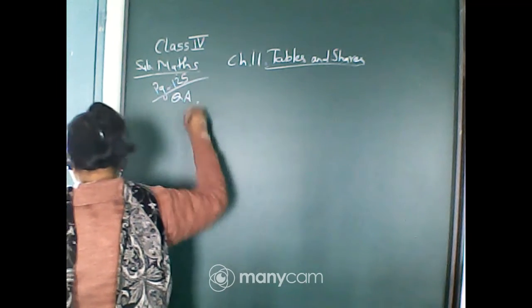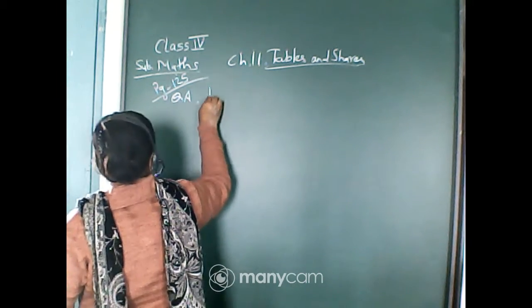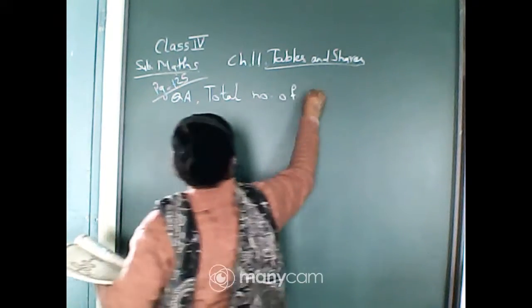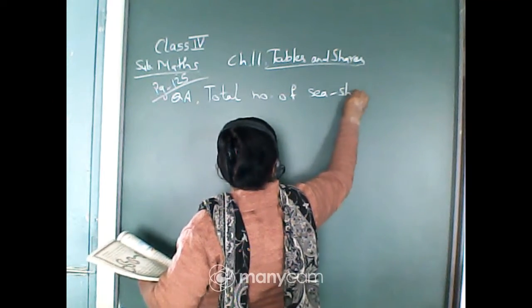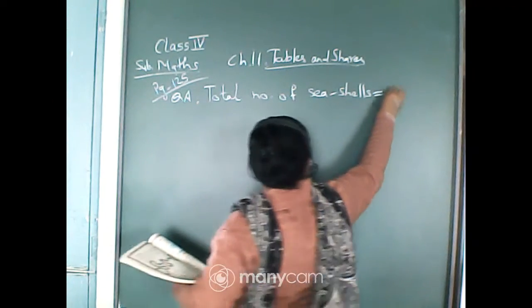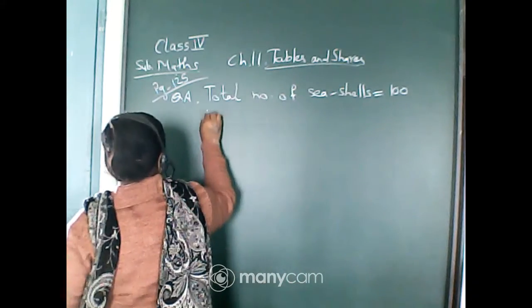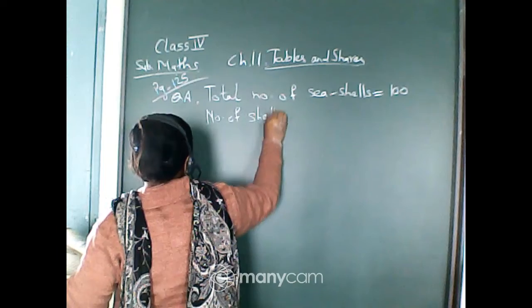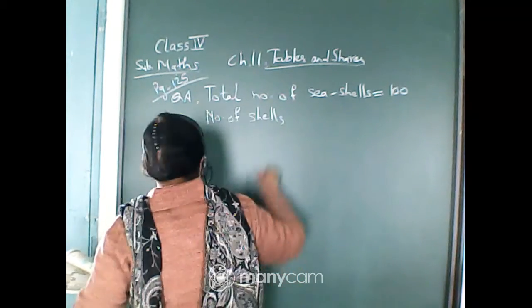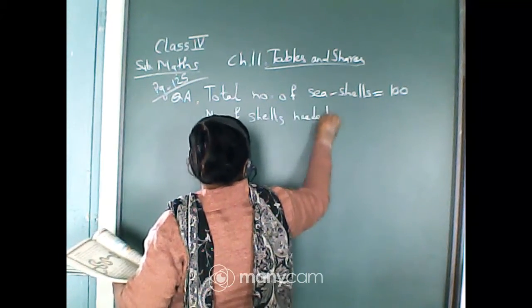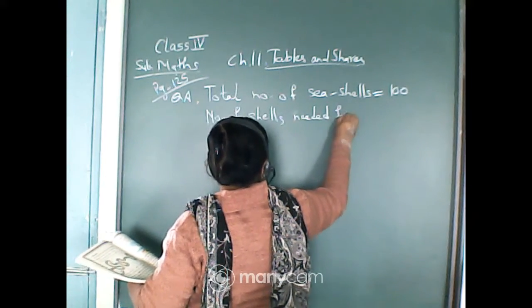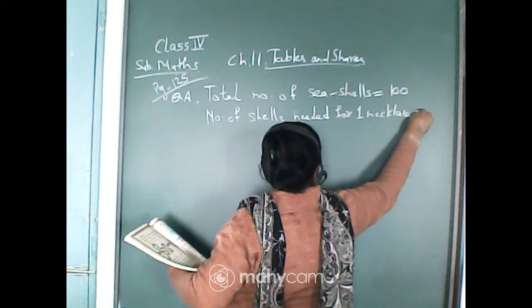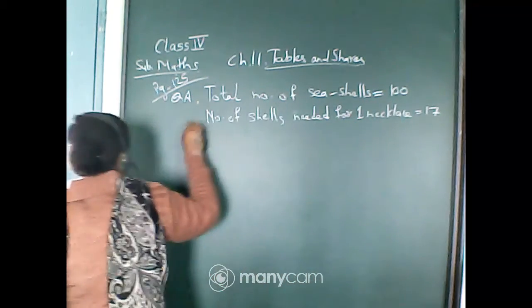Question number A. You will write total number of seashells is equal to 100. Then number of shells needed for one necklace is equal to 17.